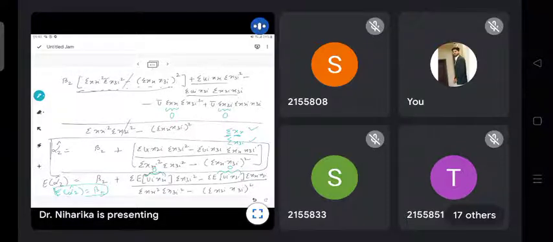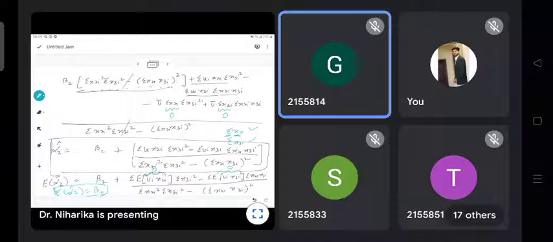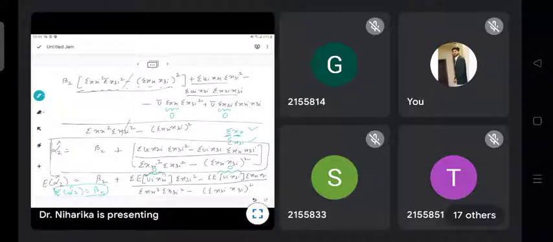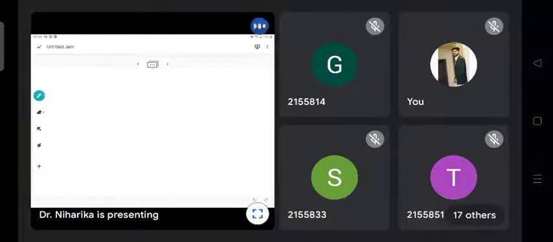Anybody has any doubt till here? No, ma'am. Okay. So this implies, write this ahead. If you've written, then I'm moving ahead. So expected value of alpha 2 cap is coming out to be beta 2.